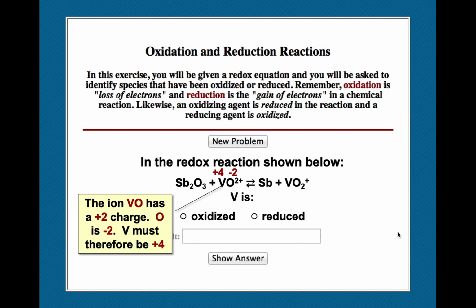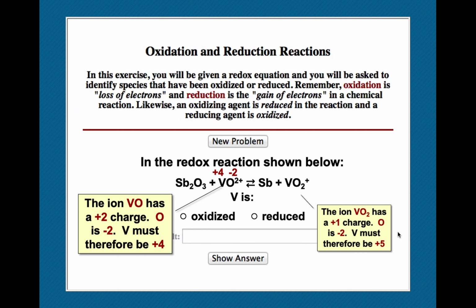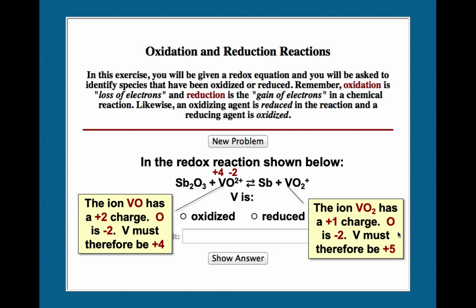Oxygens will give us 4 negatives. The vanadium must neutralize those and have 1 left over. Vanadium must be +5. Okay. With regard to the vanadium, we started at +4, we're now at +5. Did it gain an electron or lose one? It lost one, it has been oxidized.